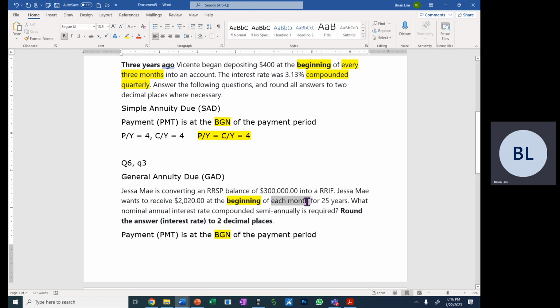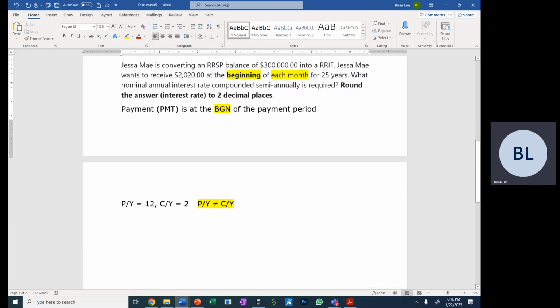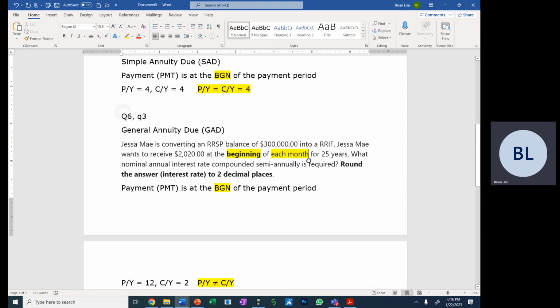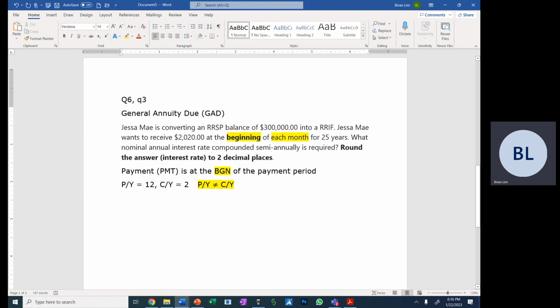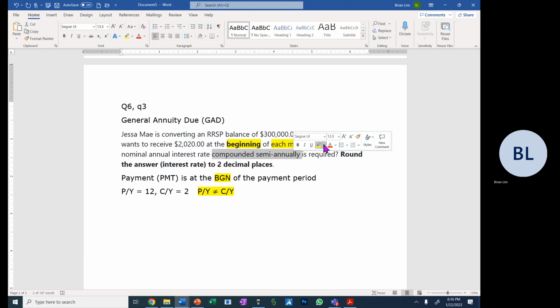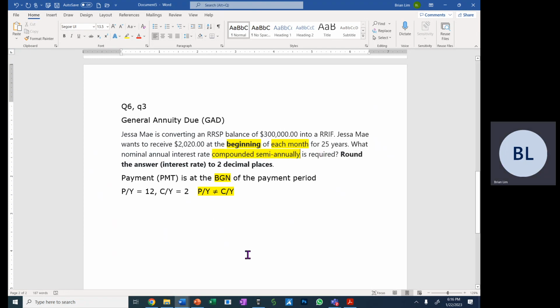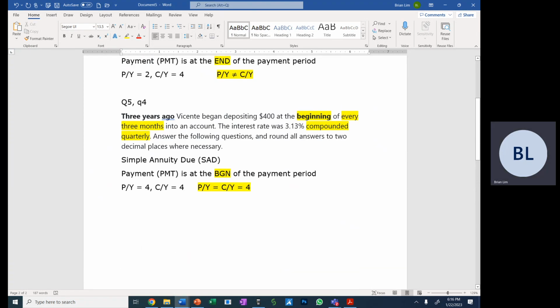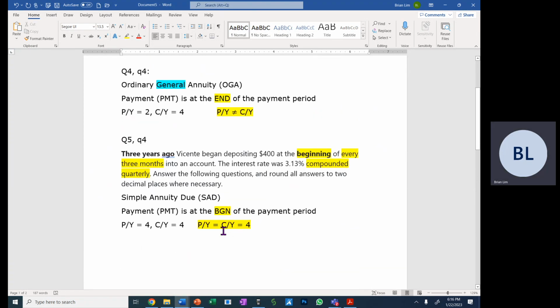So that gives us the value for PY being equal to 12, as you see it there. So maybe if we just push this over to the next page, it'll become clearer. And the rate, the compounding is semi-annually. All right, so there we are. Okay, so CY is 2, PY is 12. And then here, up here, the PY and CY are both 4.